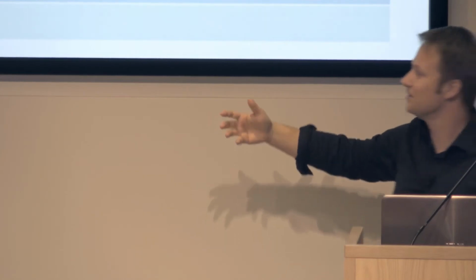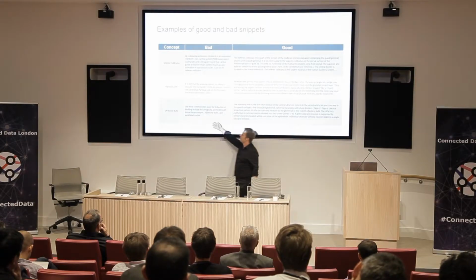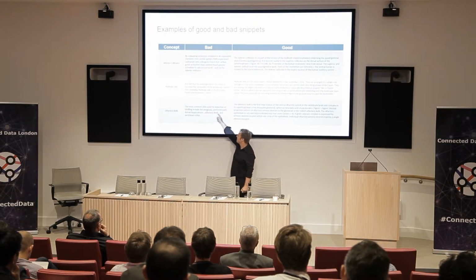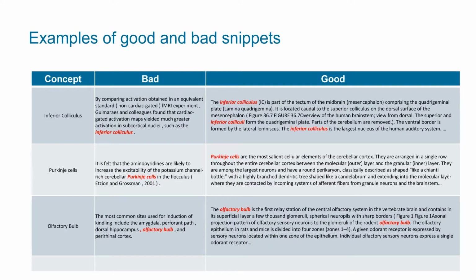If you read this, you'll see that some of these are good definitions and some of these are bad definitions, right? Let's talk about the olfactory bulb. If I read you, the most common sites used for induction of kindling include the amygdala, olfactory bulb, and cortex. It's not a really great definition of that concept.